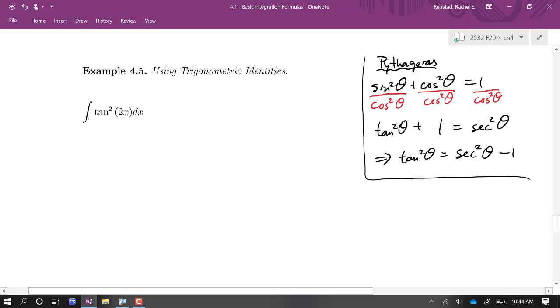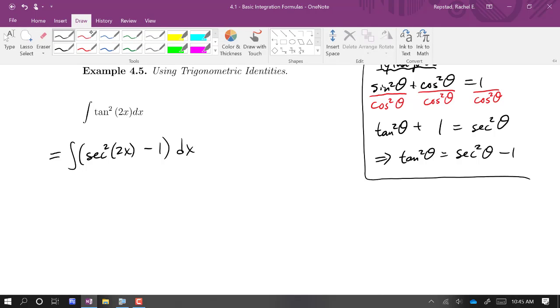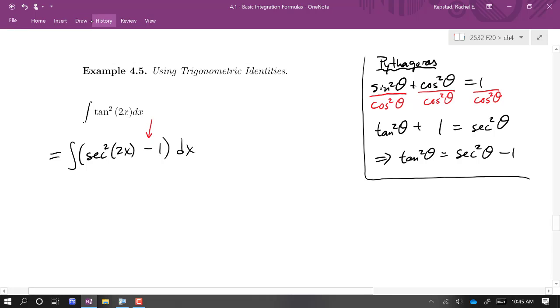So I'm going to use that to rewrite this integral. Tan squared of 2x is secant squared 2x minus 1. Now we have a couple of terms. I'm going to go ahead and split up the integral over that subtraction.